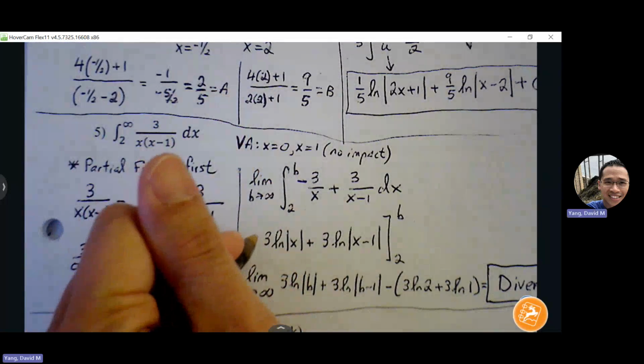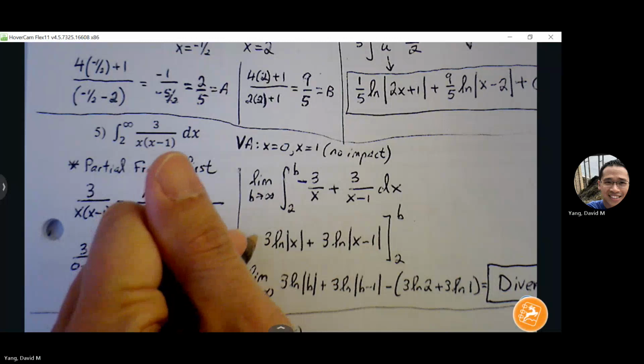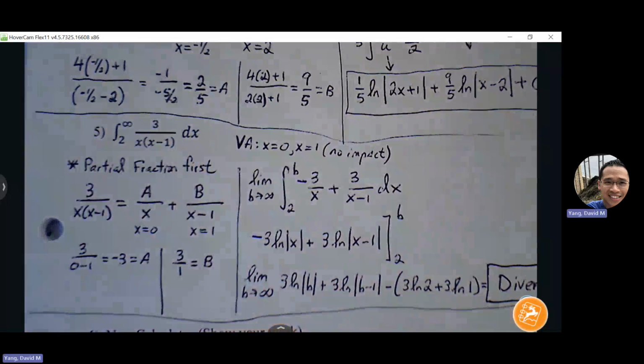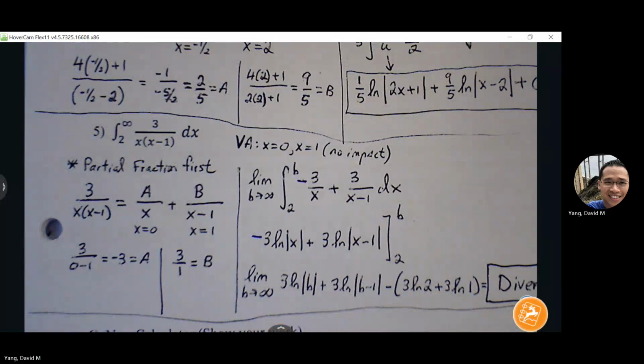Mm-hmm. Okay. So this ends up being negative 3. I also was confused about when it diverges and when it doesn't. Will it only diverge if it looks like one of these, like a cover up method? Hold on, let's see if I fix that and then put it.